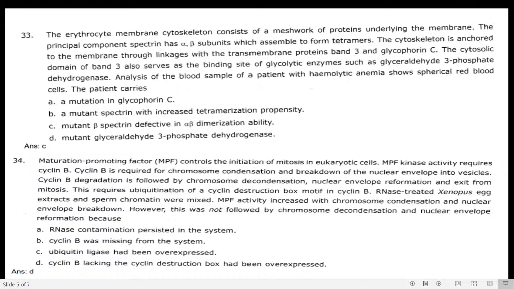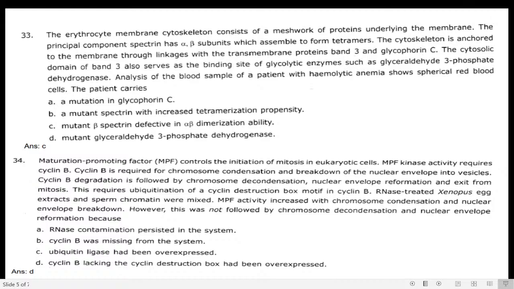That MPF kinase needs cyclin B. Cyclin B requires chromosome condensation and breakdown of the nuclear envelope into vesicles. This cyclin B degradation is followed by chromosome decondensation, nuclear envelope reformation, and exit from mitosis.